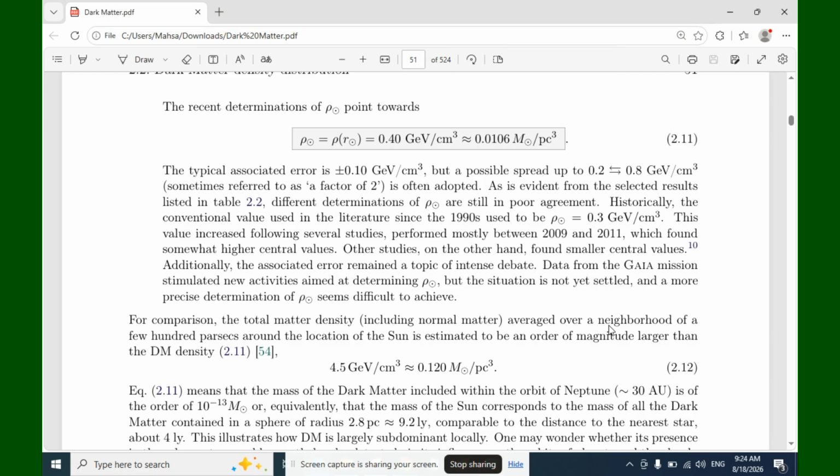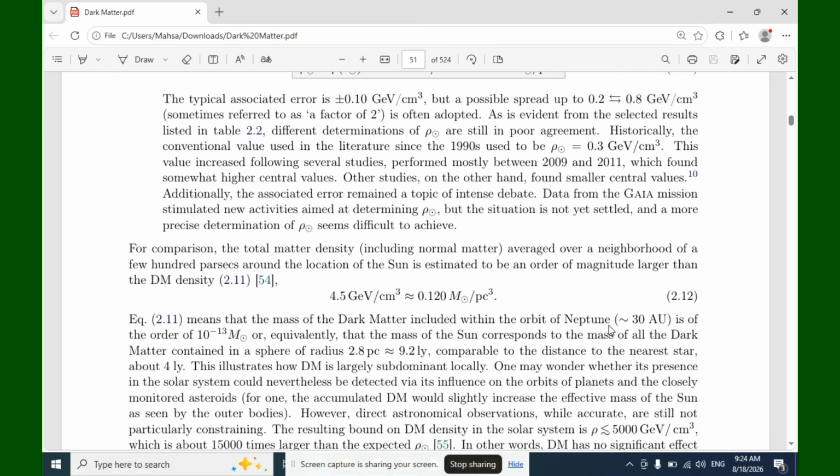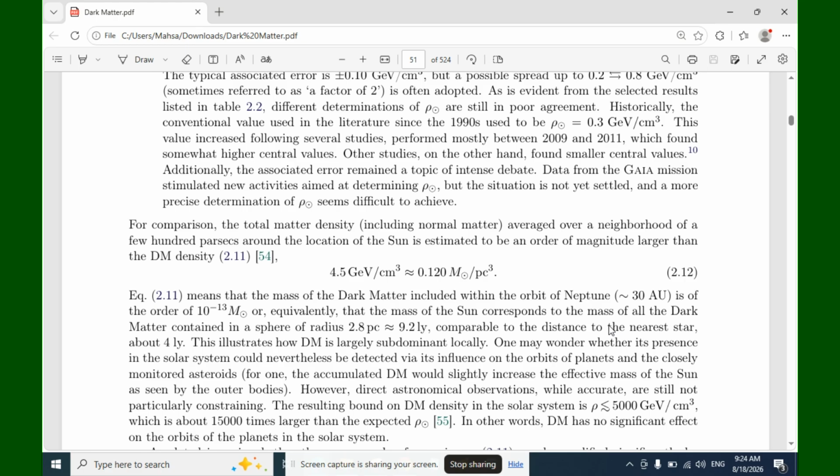For comparison, the total matter density, including normal matter, averaged over a neighborhood of a few hundred parsecs around the location of the Sun, is estimated to be an order of magnitude larger than the dark matter density, about 4.5 GeV per cubic centimeter, which is equal to 0.120 M_sun per pc^3.